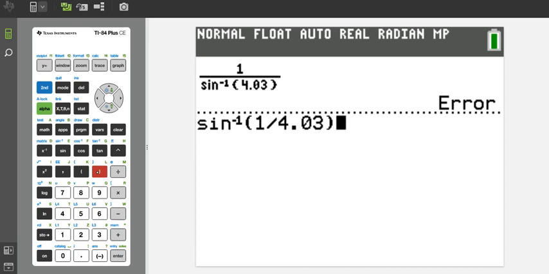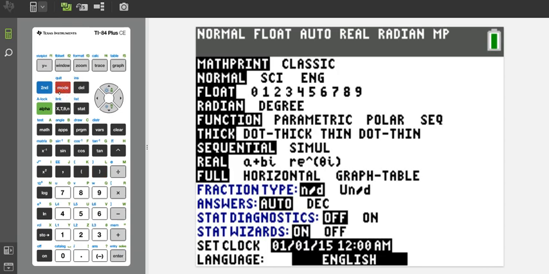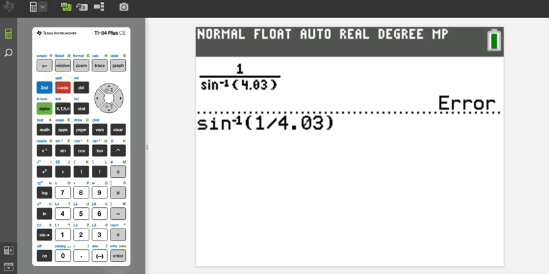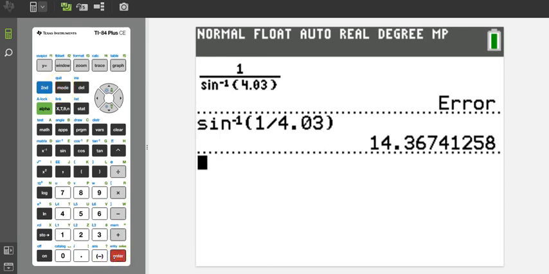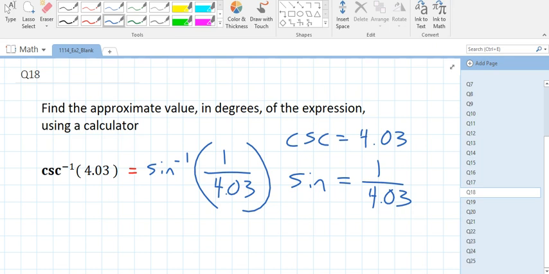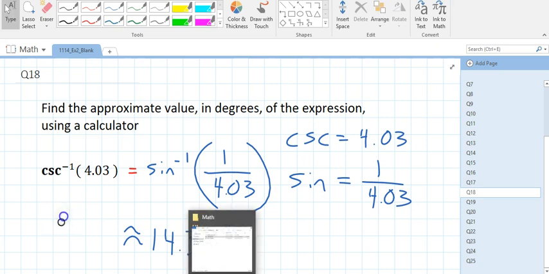And you hit enter, and we want to be in degrees, so make sure you check your calculator on that. So if I hit enter, how many degrees do we got? And what does it say to round to? It says round to 2 decimal places. So what do we get? 14.37. So about 14.37 degrees. Cool beans? Does that make sense?